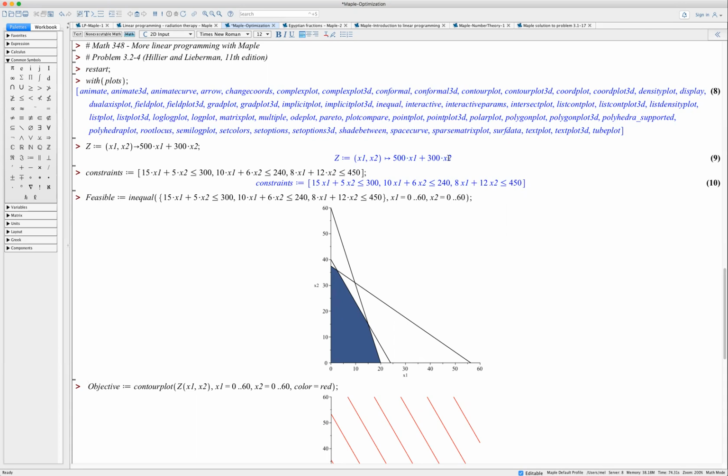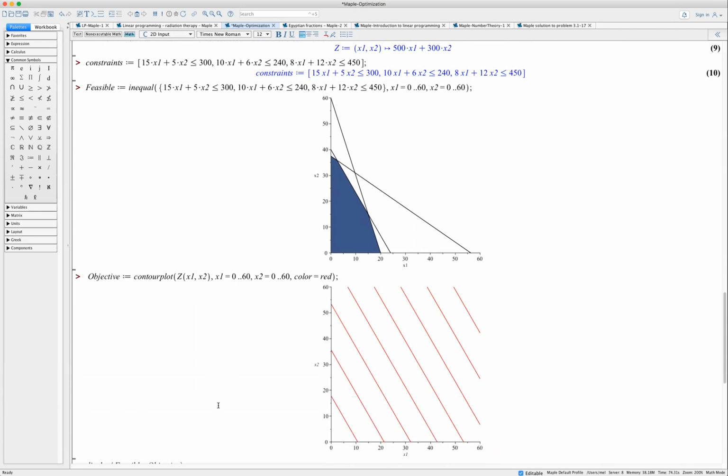And for different values of z, you have a family of parallel lines. These are the contours. And here I'm giving the command to contour plot my function z of x1, x2, x1 going from 0 to 60 and x2 from 0 to 60, and coloring the lines red so they'll stand out versus the blue. And I'm going to call this objective for objective function.